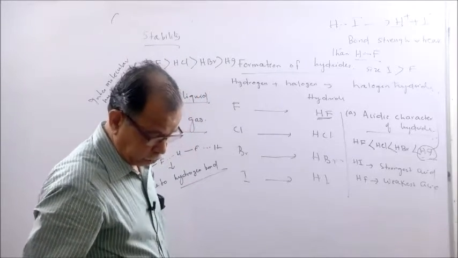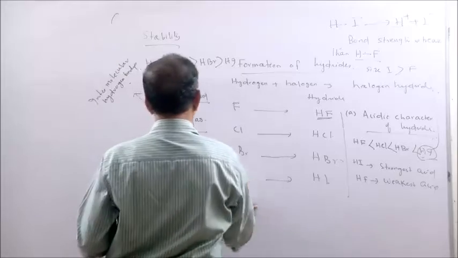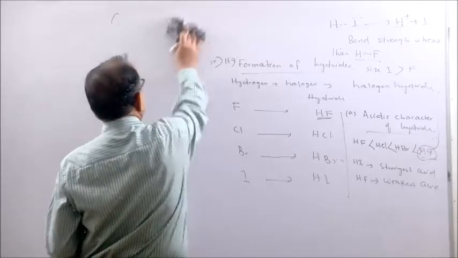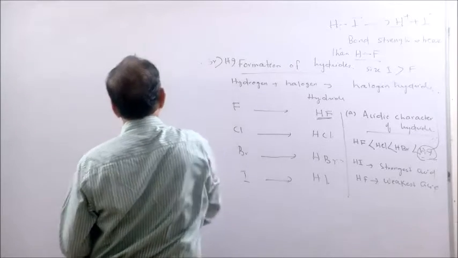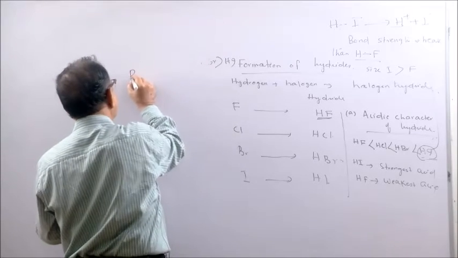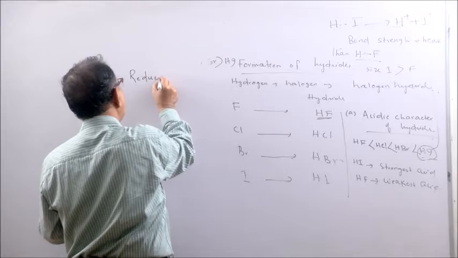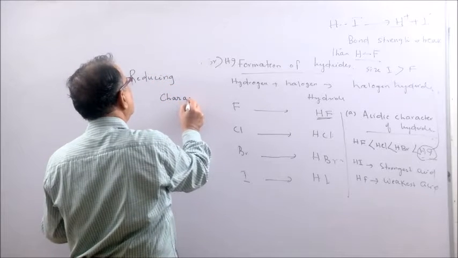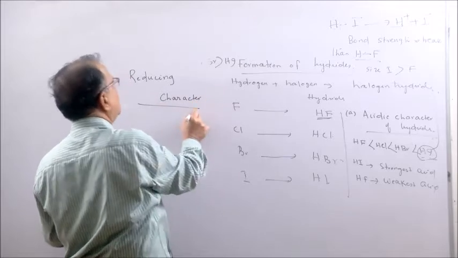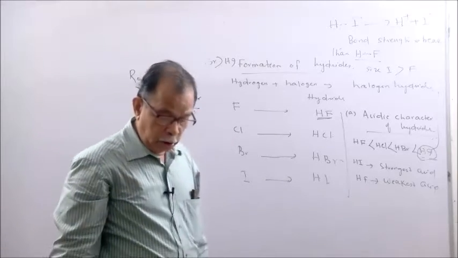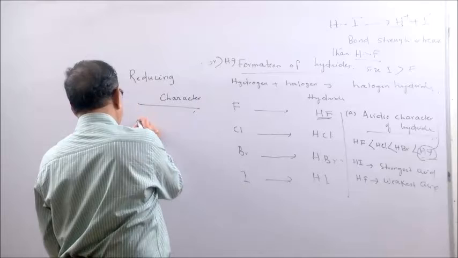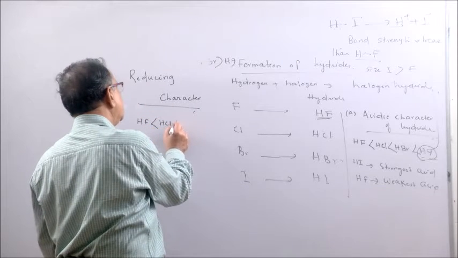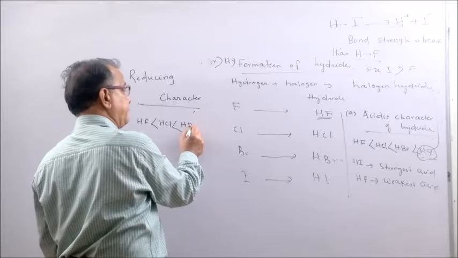The reducing character. Total: acidic character, then stability, reducing character. The reducing character is such that HF has the least, then comes HCl, then HBr, and HI.